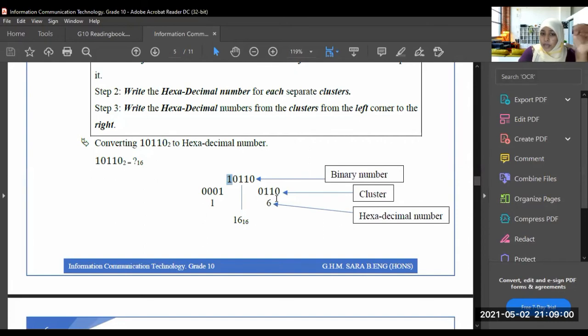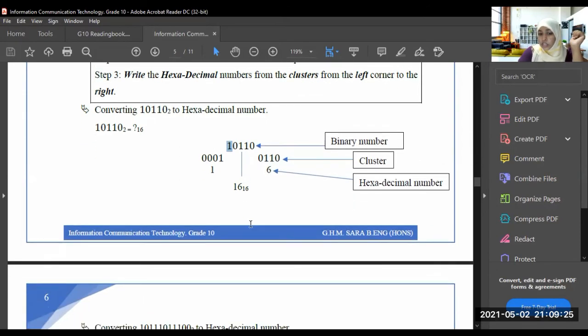Again the same, how you obtain this 6 is again the powers of 2: 2 to the power 0, 2 to the power 1, 2 to the power 2, 2 to the power 3. So the hexadecimal of this number is 16 base 16.